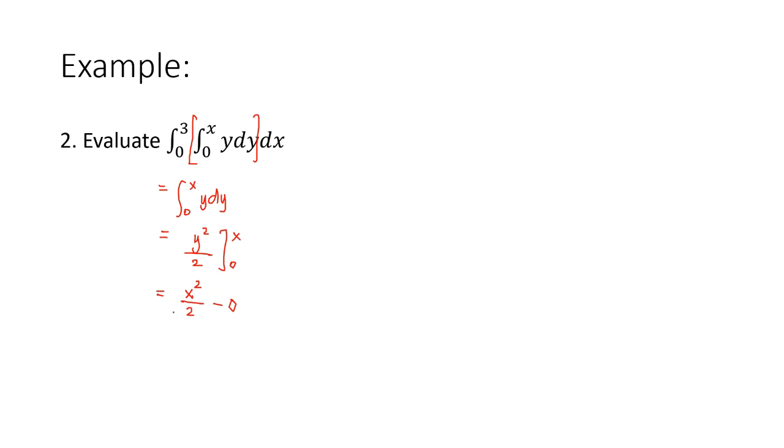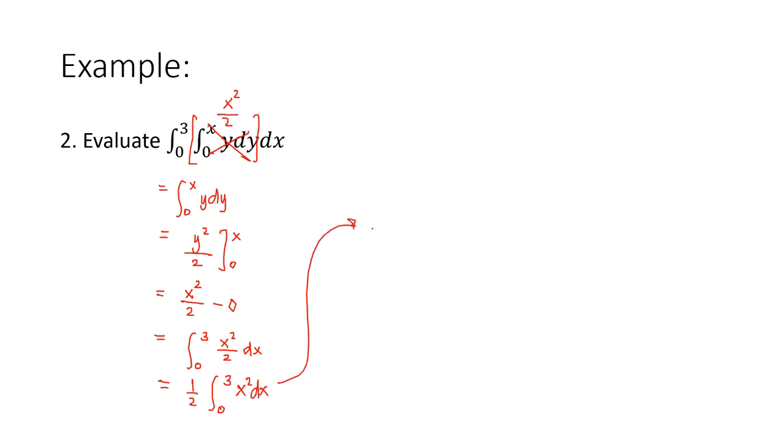After that, we are already done with this one, which is now equivalent to x squared over 2. So we have to integrate this again from 0 to 3, x squared over 2 dx, where 1/2 here is constant, so we have 1/2 times the integral from 0 to 3 of x squared dx.